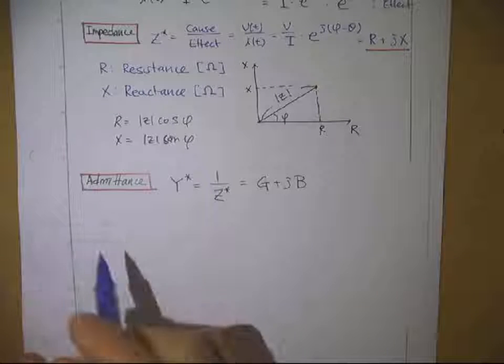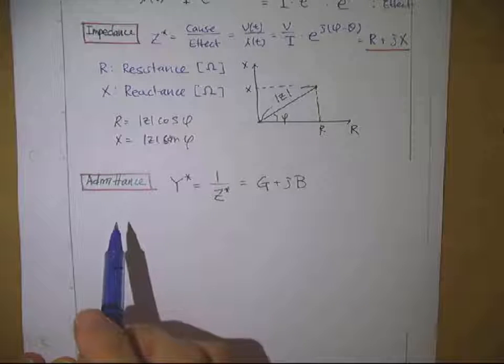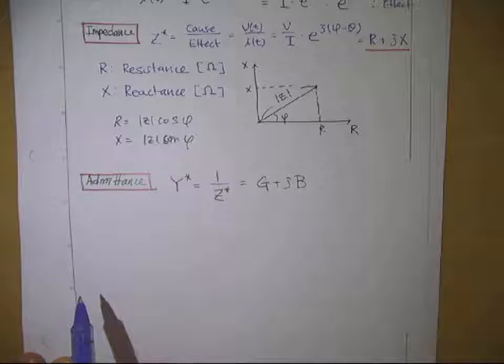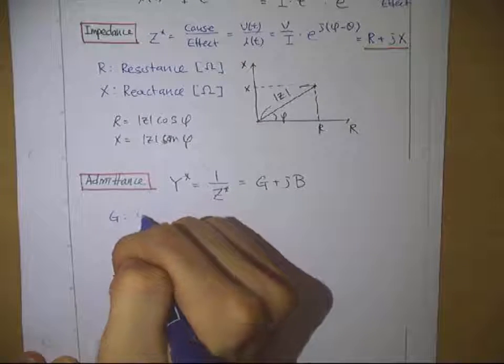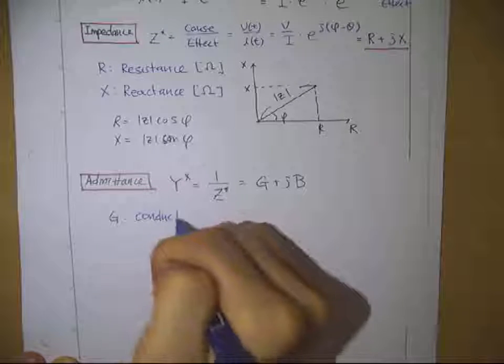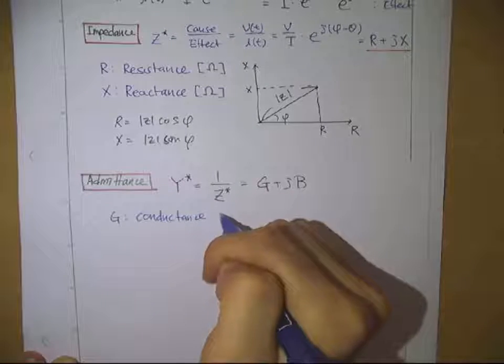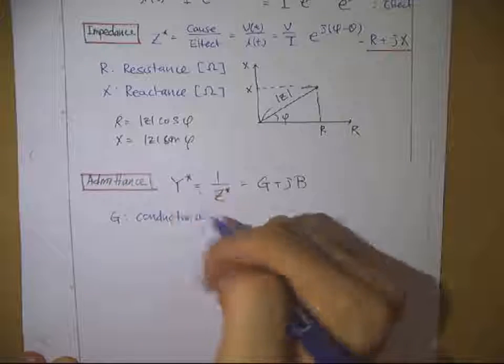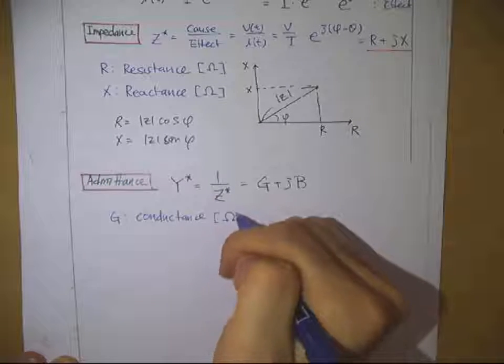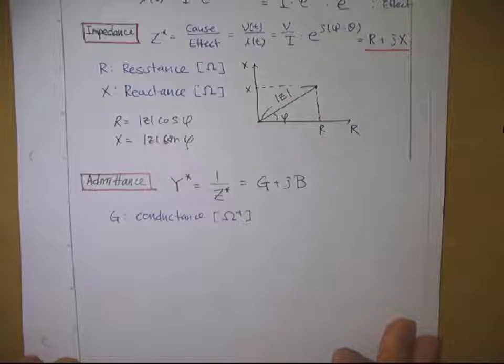So this is just another parameter that's developed for the calculation, and G here is for the conductance, and because it's the reciprocal of the resistance, 1 over resistance, the unit will be 1 over ohm.